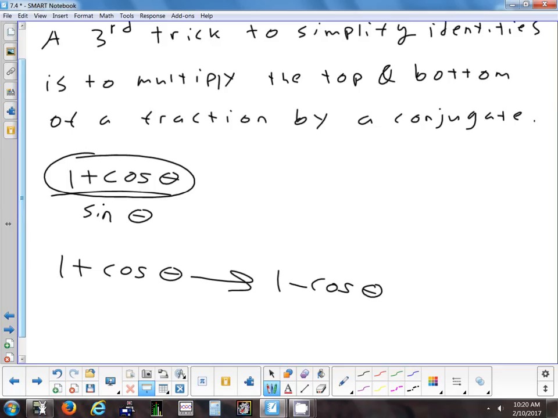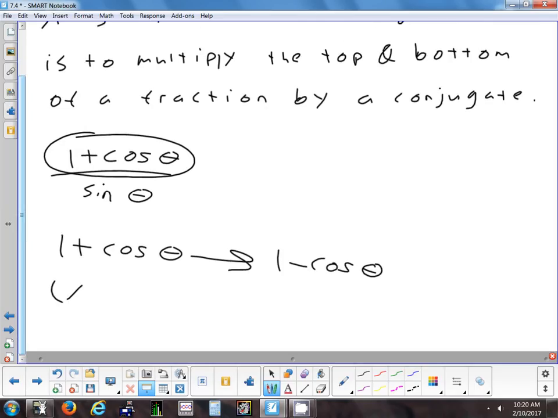It's kind of like when we did imaginary numbers: 2 plus 3i, 2 minus 3i. Those are conjugates. 1 plus cosine, 1 minus cosine. Or back in Algebra 1, if you multiply x plus 3, x minus 3, what would happen if you FOIL these out?